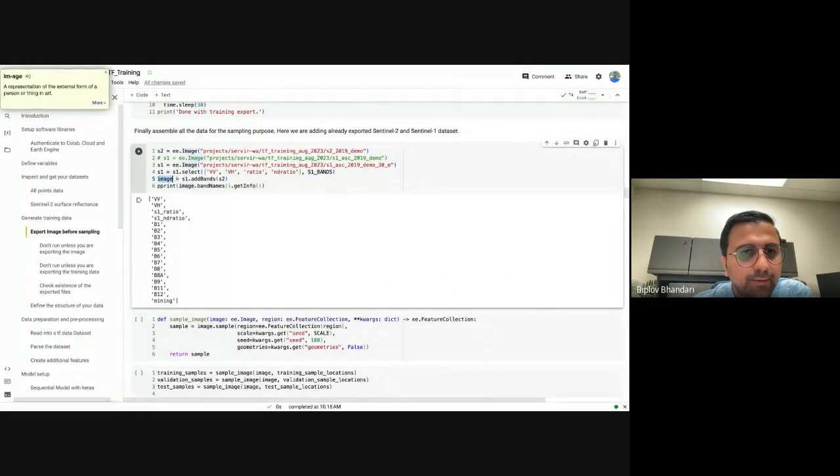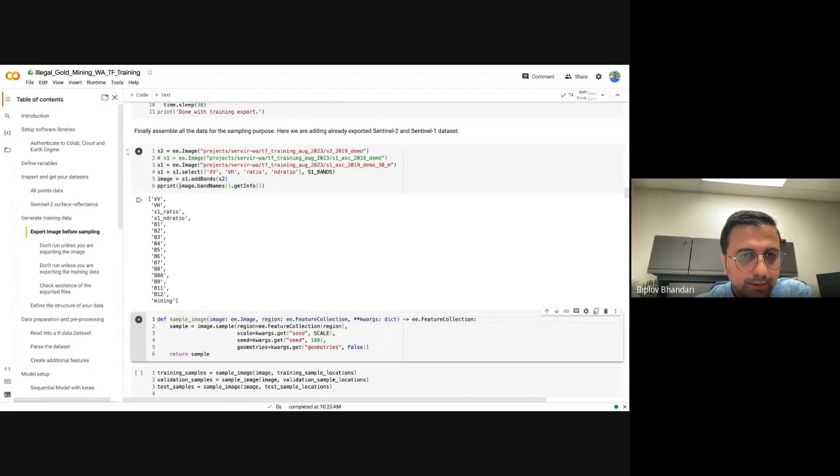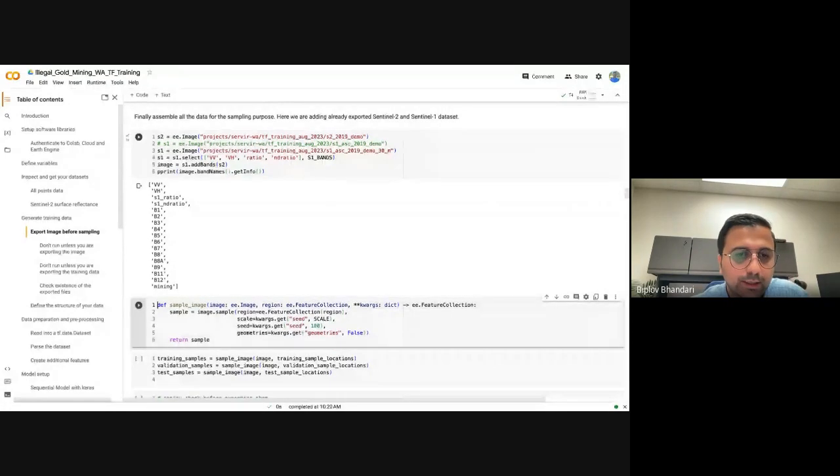Here's our final image that has our Sentinel-1, Sentinel-2, as well as our label in it. Next, I'm just printing the band names, so we have all our input and output bands correctly in that image.